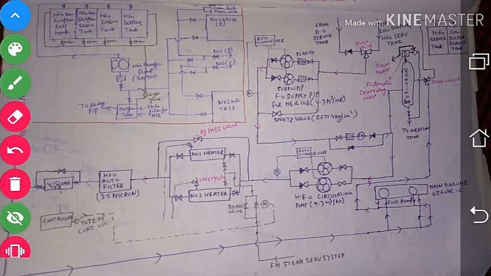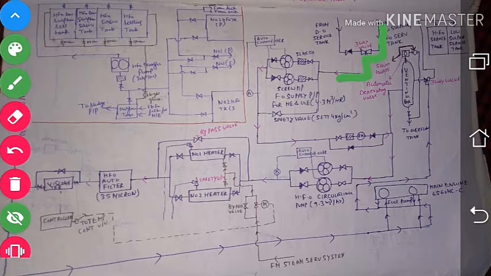So here from the service tank the oil will come into a 3-way valve, and through this it will go into the HFO supply pump for the main engine and generator engine. So for both main engine and generator engine we supply HFO only, heavy fuel oil. We have 2 HFO supply pumps, each of 4.3 meter cube per hour.